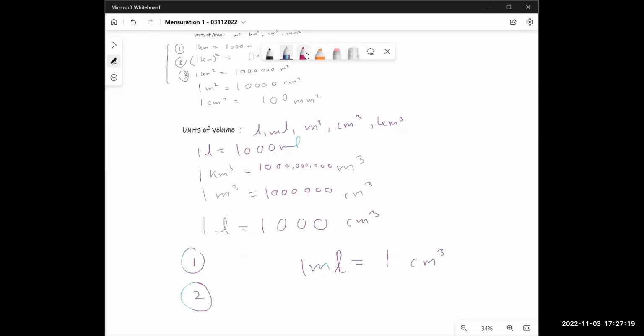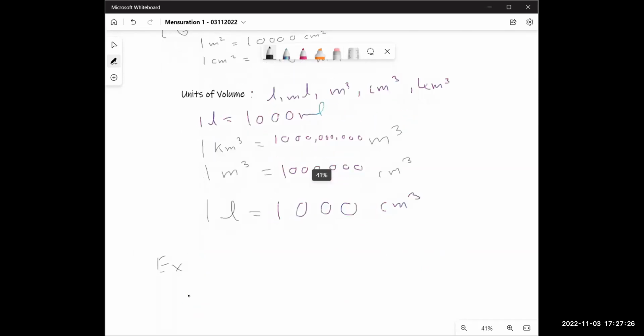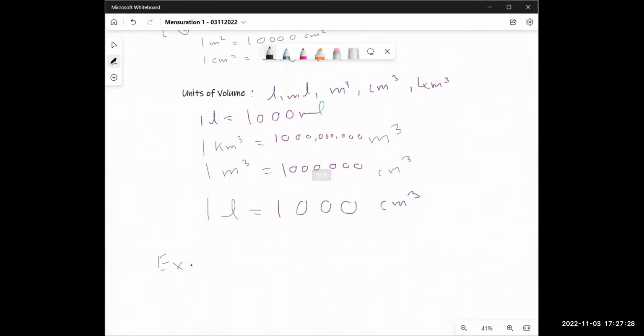Write this in your notebook, all of you. I just have one question for you. This is the difficult one. Example number 7: 1 liter into meter cube.